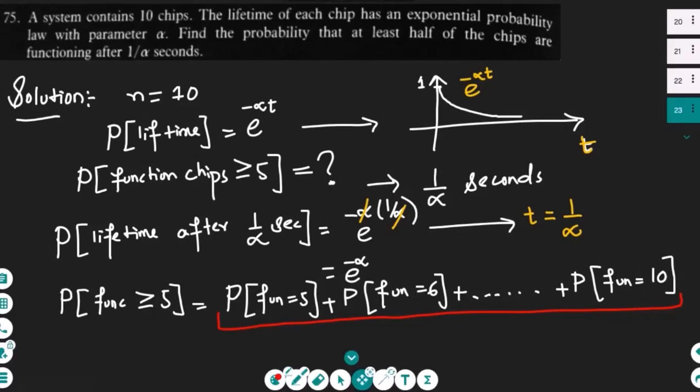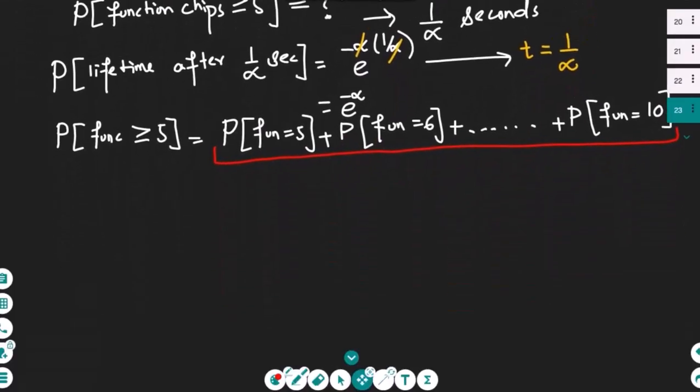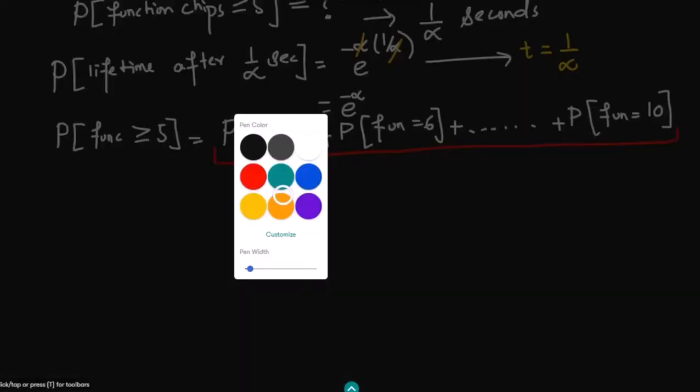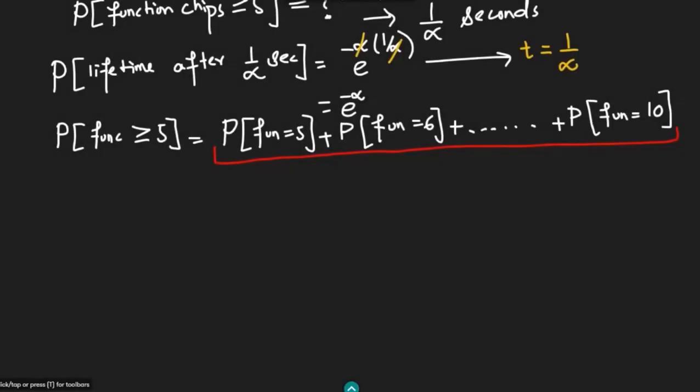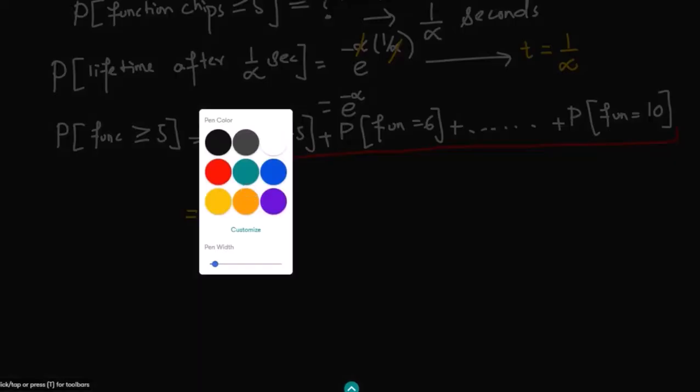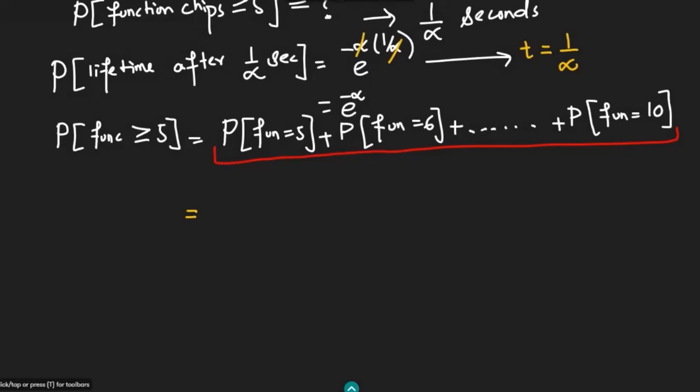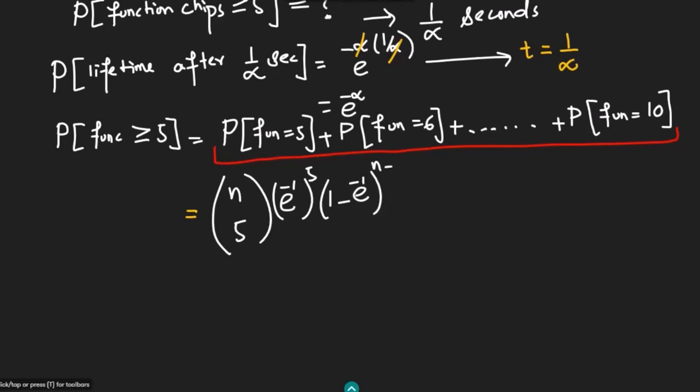Now, in order to write the values here, I will have to use the binomial probability law. According to the binomial probability law, for 5 I will have n choose 5, and the probability of the lifetime is exponential of -1 to the power 5, and 1 minus exponential of -1 to the power n minus 5.